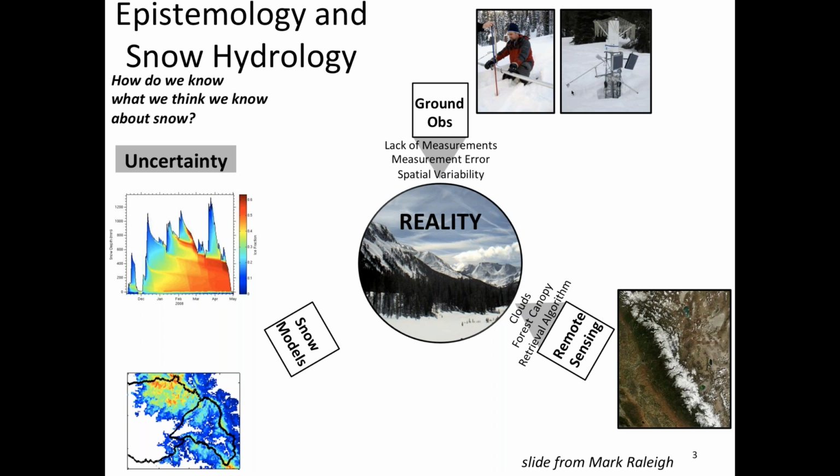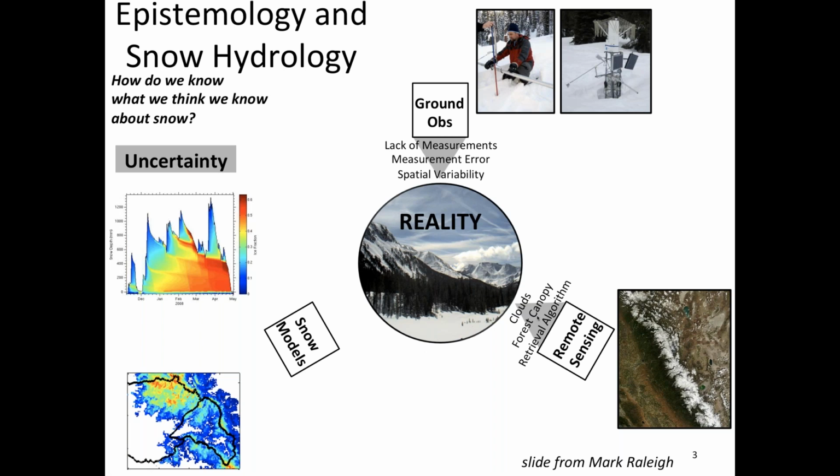There's also a lot of spatial variability in the snow outside, and just a few measurements don't represent everything that's out there. Remote sensing looks at everything, but is often blocked by clouds. It's blocked by the forest canopy. And to get more than just presence or absence of snow, there's often some kind of retrieval algorithm that has its own modeling and set of assumptions built in.